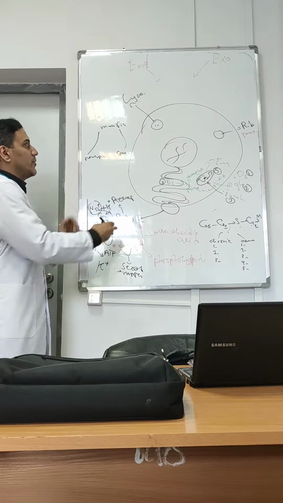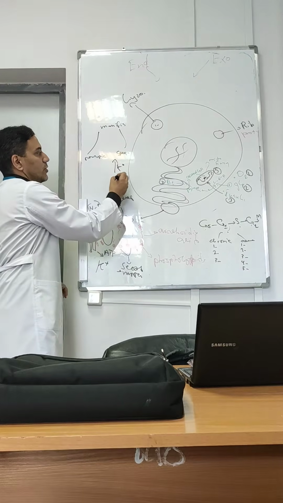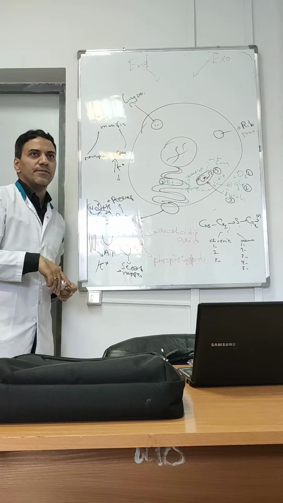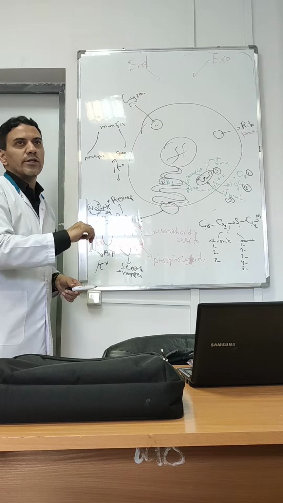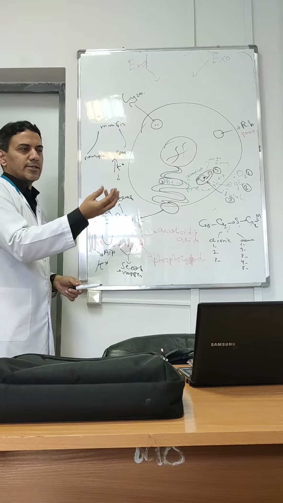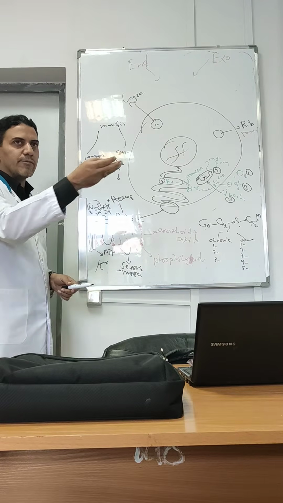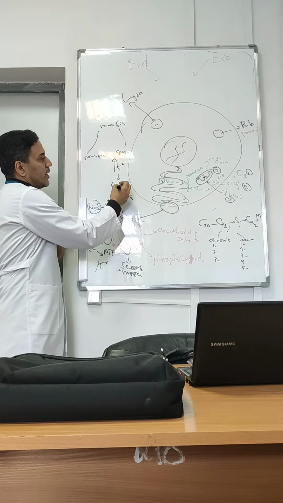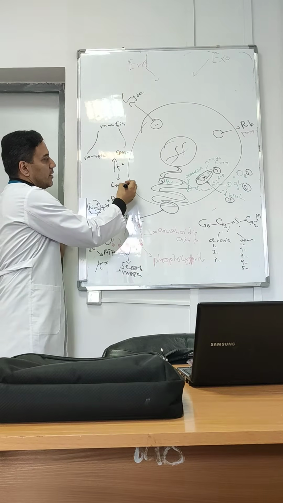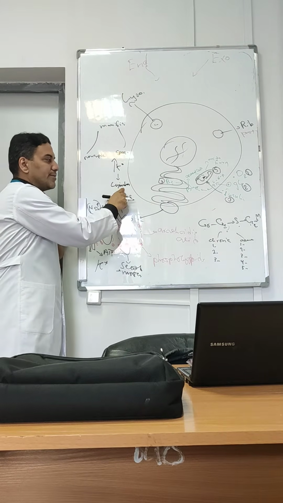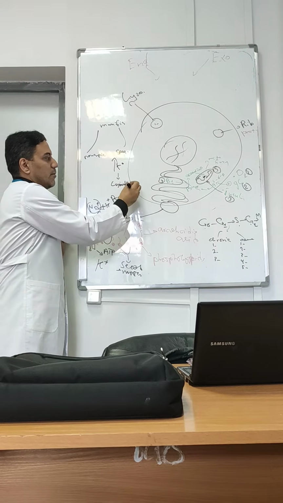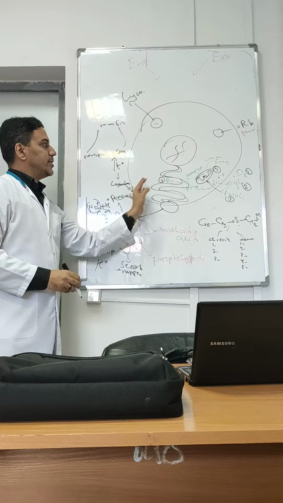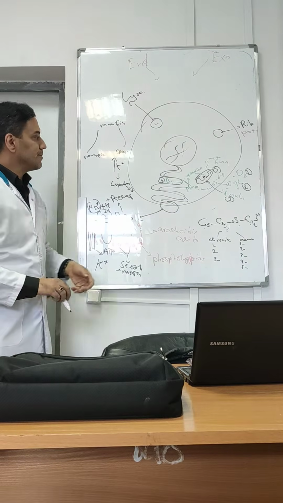Specific, for example, high temperature causing denaturation of proteins. It seems simply as coagulation of proteins. Or cyanide, a poison, causing blockage of cytochrome oxidase, the enzyme inside mitochondria.